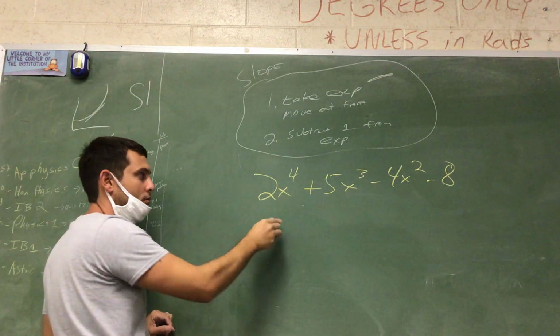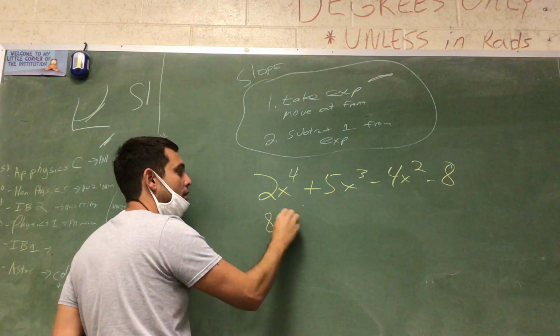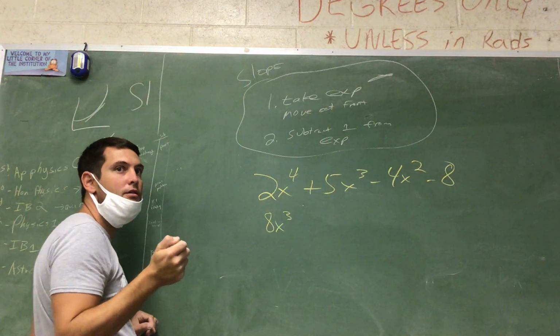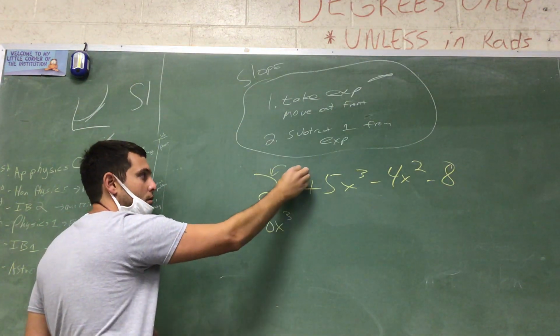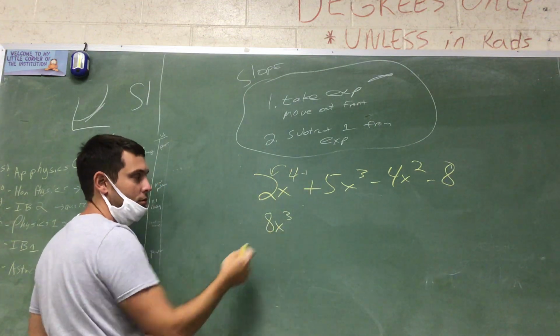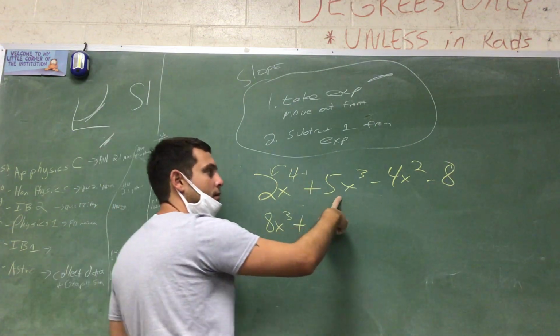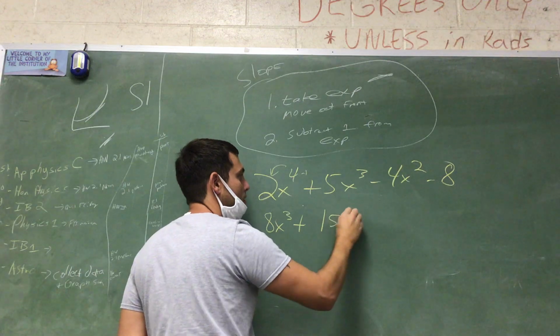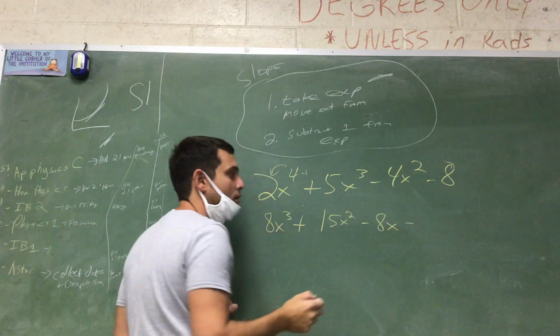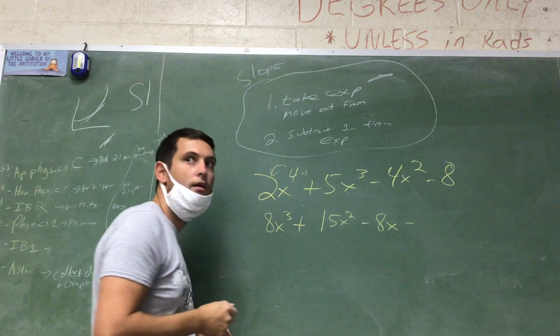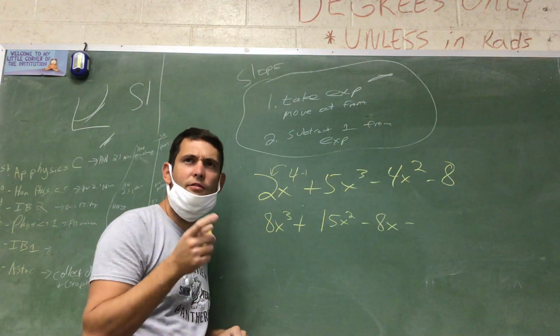Give me the derivative. 8x cubed. Good. How did you get 8x cubed? Take the 4, put it in front, and 4 minus 1. Good. So 15x squared minus 8x, that's it, and then minus 8. Does that even qualify? It does not qualify.